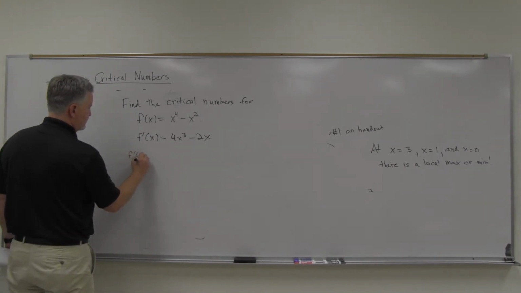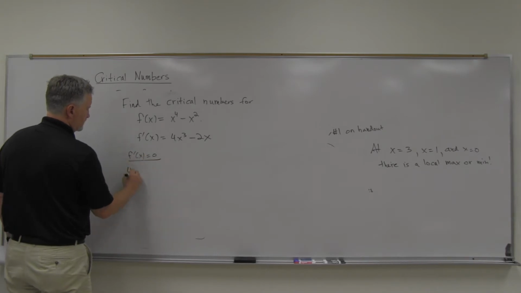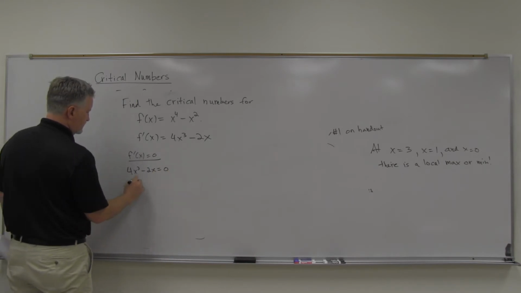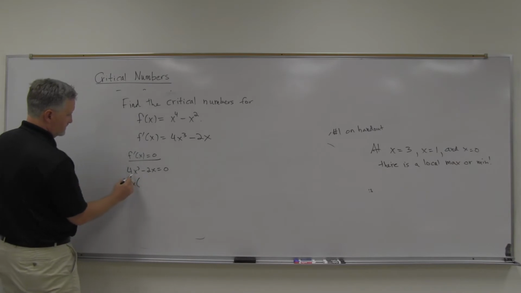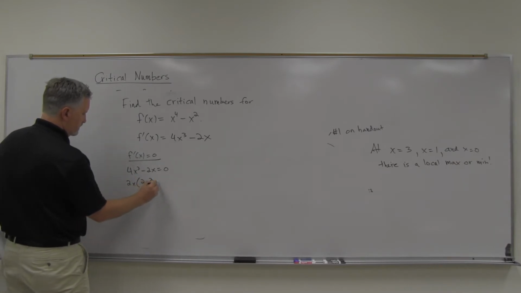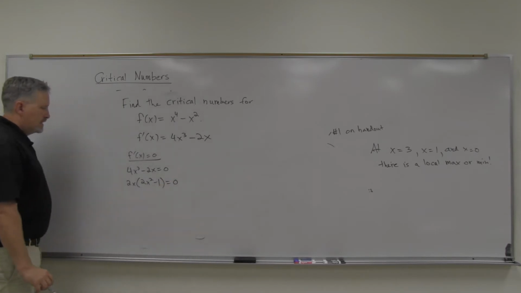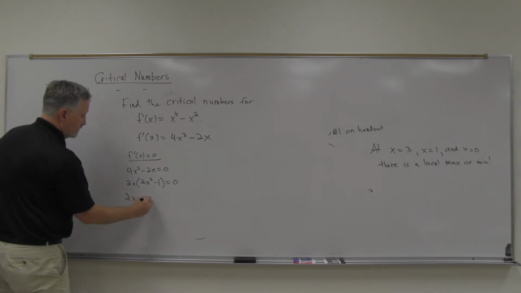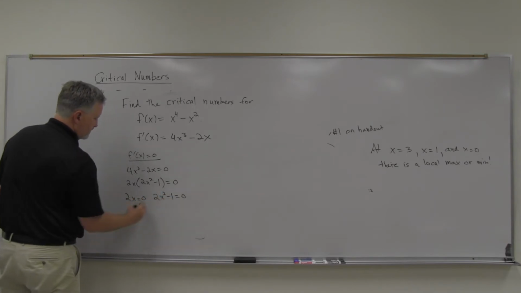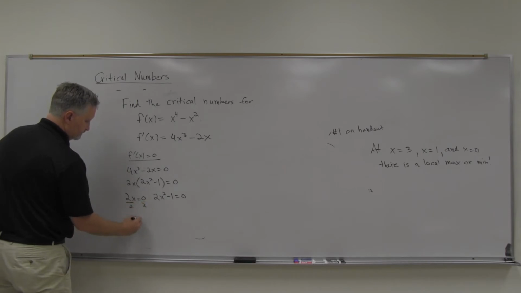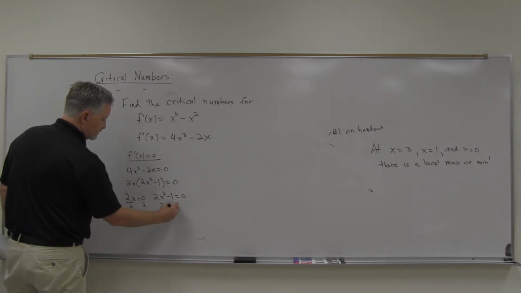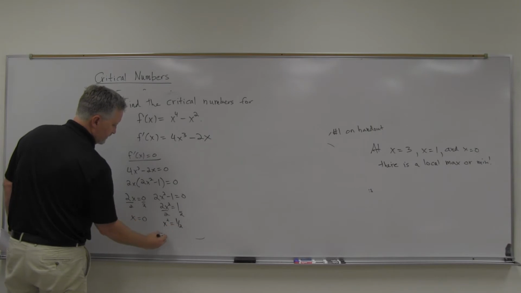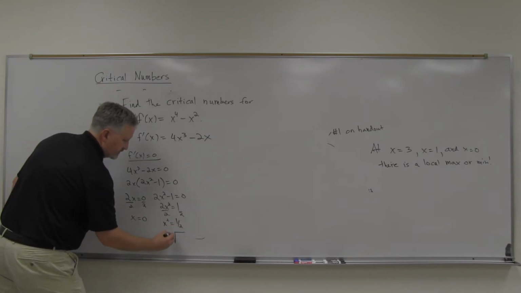Set that equal to 0. 4x cubed minus 2x equals 0. So that's 2x, a common factor, so that would put us at 2x squared minus 1 in the parentheses there, if we factor off the 2x. So we've got 2x equals 0 and 2x squared minus 1 equals 0. Well, that's of course x is 0. Over here we've got 2x squared equals 1, so x squared is a half, so that would give us, solution-wise, plus or minus the square root of a half.